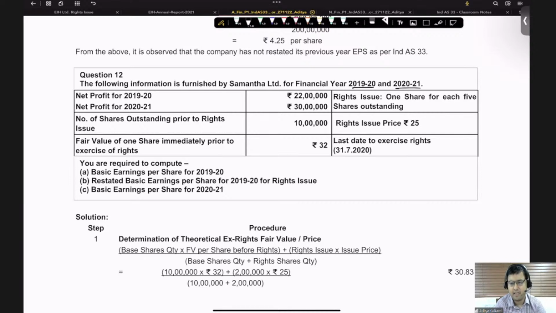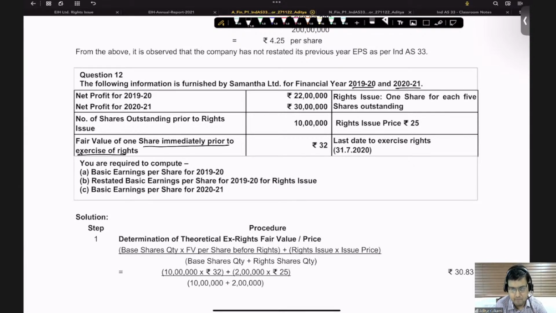The price of the rights issue is 25. Fair value of one share immediately prior to exercise of rights is 32. Last date to exercise the rights is 31st July 2020. You are required to calculate the basic EPS for 1920, the restated EPS for 1920 for the rights issue, and the basic EPS for 2021.